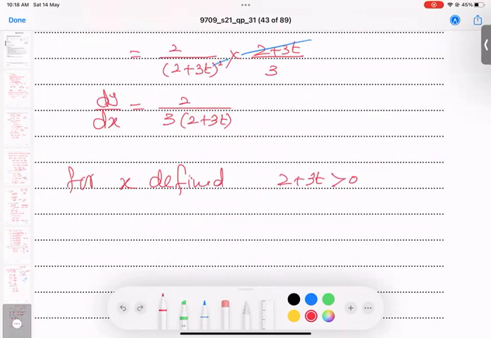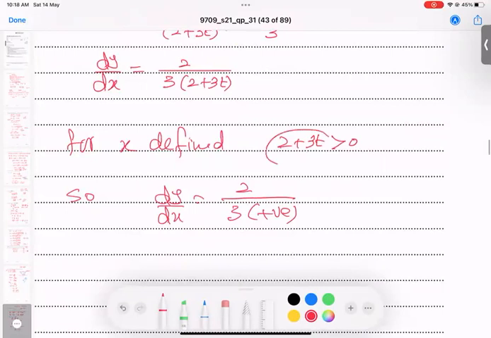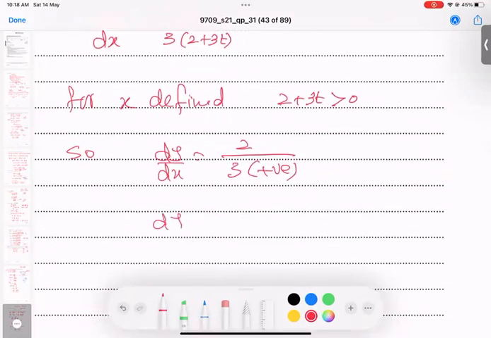So if it is positive, we can plug in this whole, it means this is positive. So dy over dx is 2 by 3 times a positive value, because this is the same. So this is positive, this is positive. So ultimately the derivative is coming out positive, 2 by 3 times a positive answer.